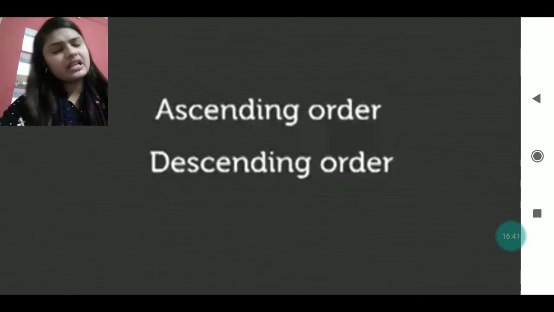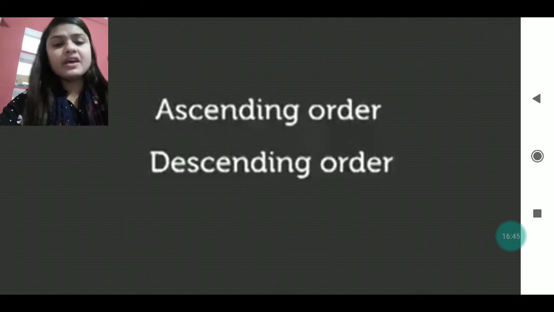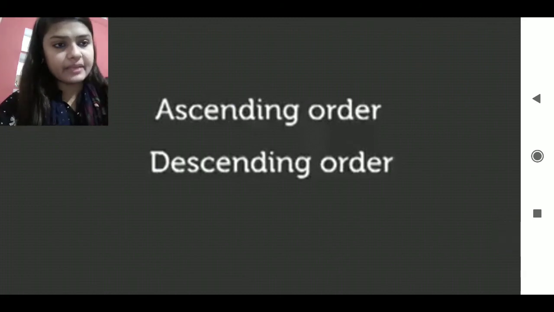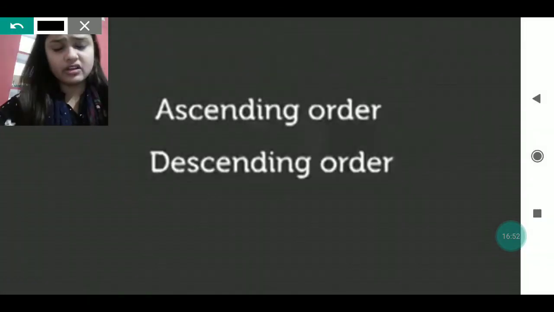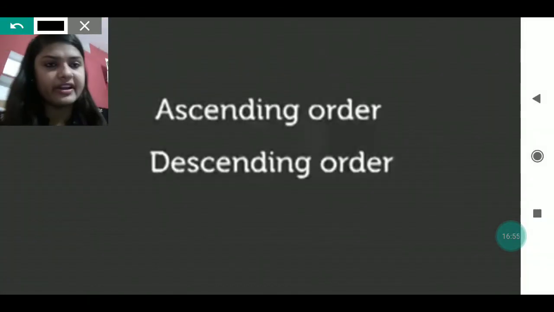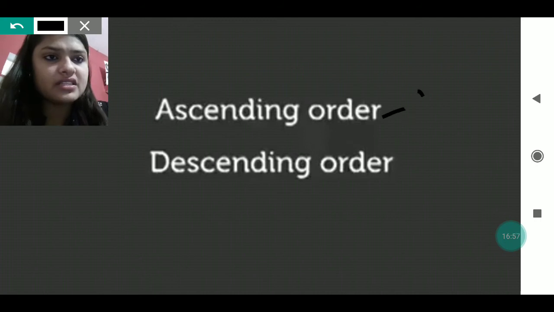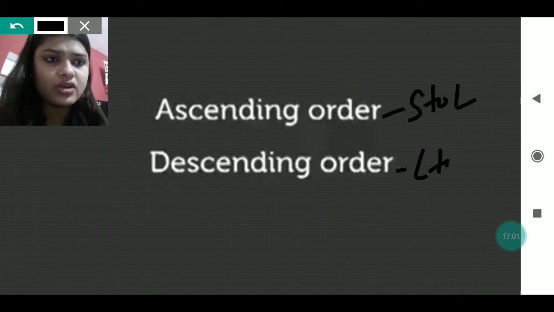Now we are moving to the next topic. I have already discussed all kinds of comparison. Now ascending and descending. What is ascending? Have we learned about ascending, or are we learning it for the first time? No, we already know this. Ascending means smaller to larger, whereas descending means larger to smaller.